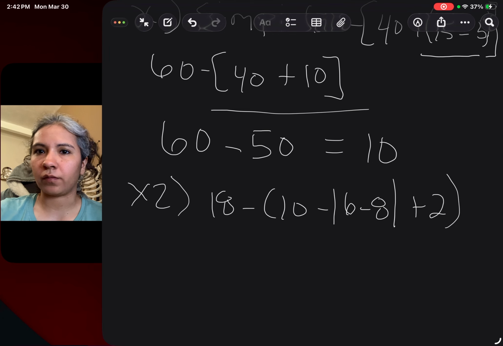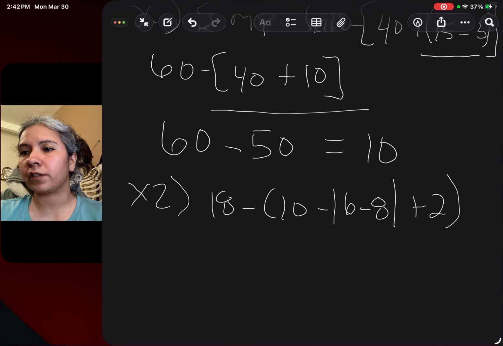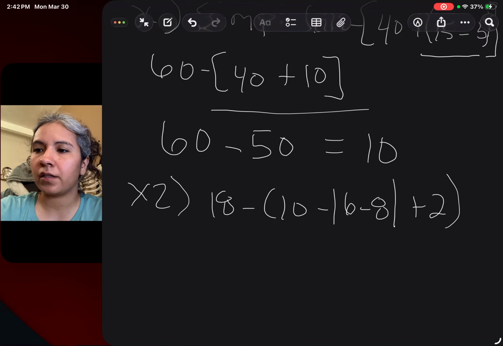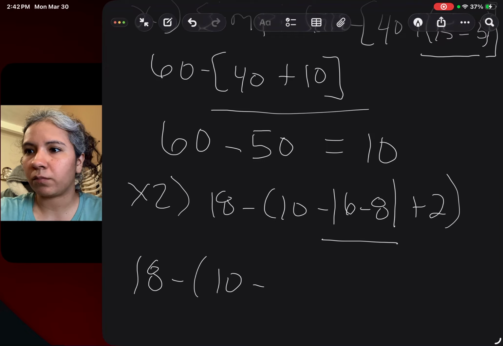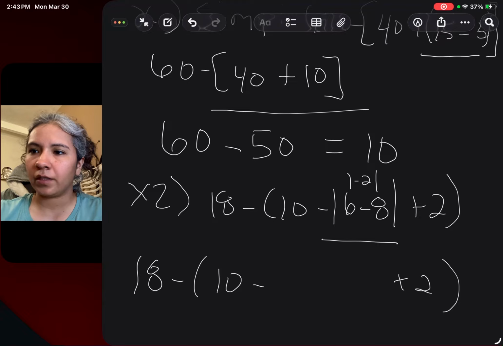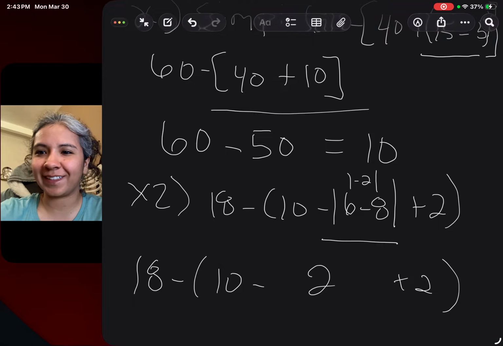Okay, so the symbol of inclusion that is the most inside of this is this absolute value. So leave the rest, 18 minus (10 minus, plus 2), right? So the absolute value of 6 minus 8 is negative 2, but the absolute value of negative 2 is 2. So I'm just going to have a big old 2 there.